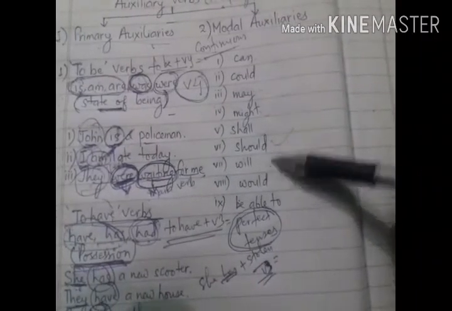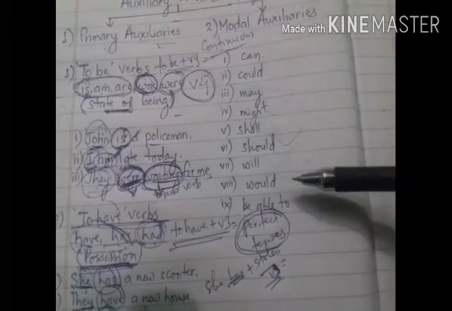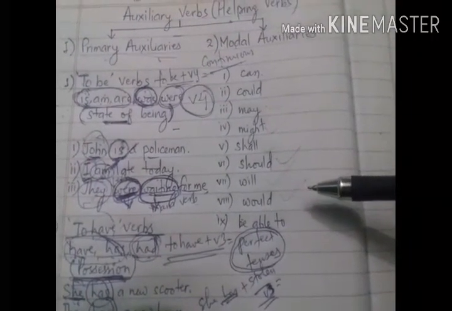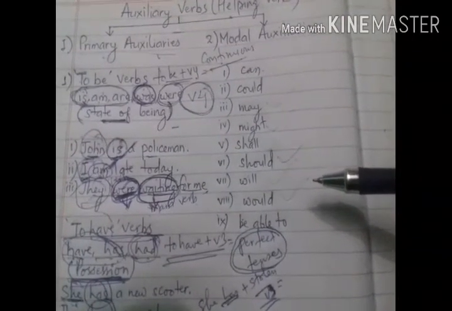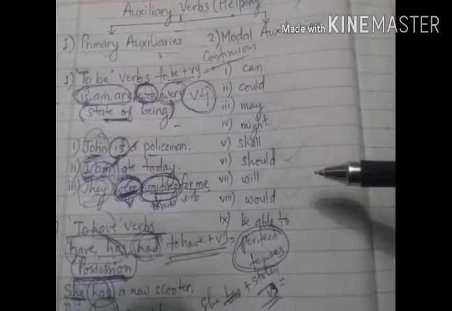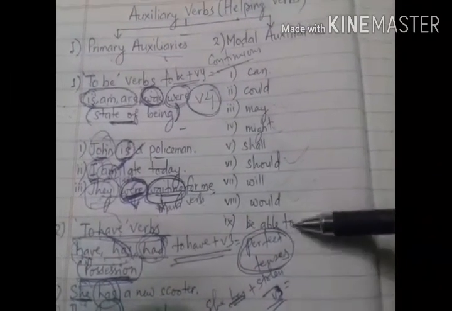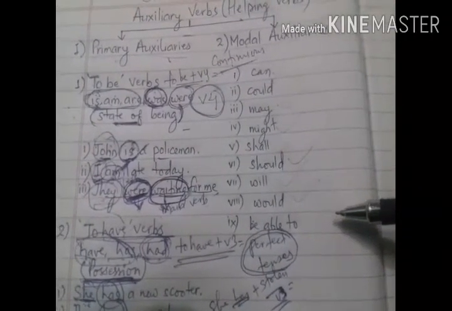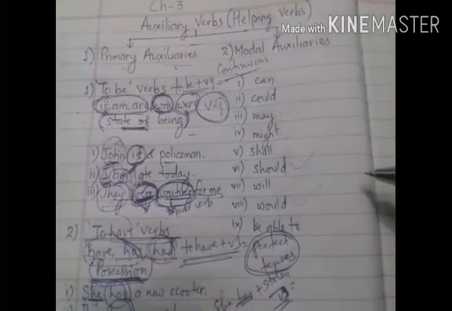These 8 are often used auxiliary verbs whenever we write sentences. There are other modal auxiliaries also, like be able to, must, ought to, dare.